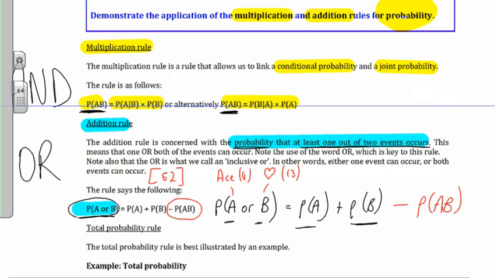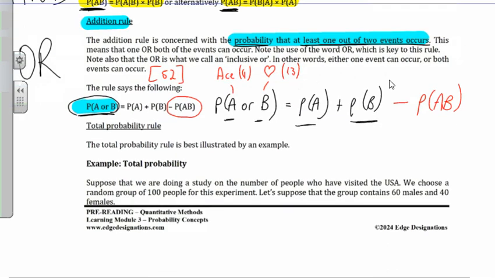So if I now had to say to you, listen, do me a favor. I want to know what's the probability of picking an ace, an A. Nice and easy. What's the probability of picking an ace, guys? 4 out of 52. Plus, what's the probability of picking a heart? Well, that's going to be 13 out of 52.